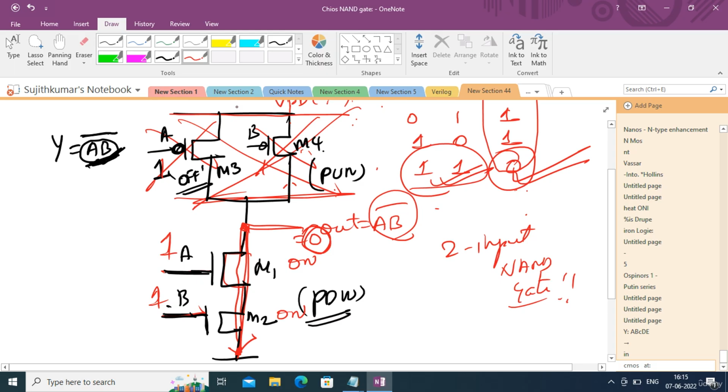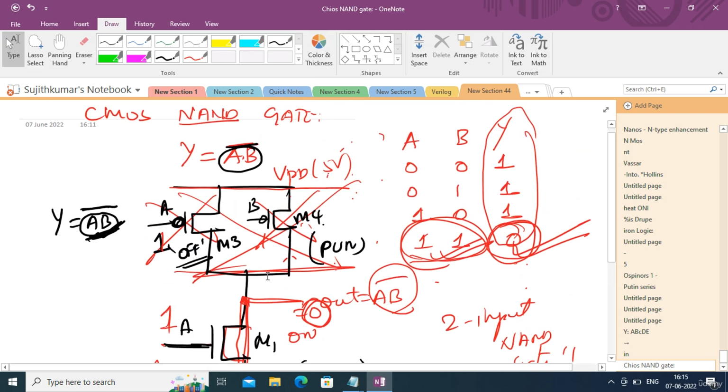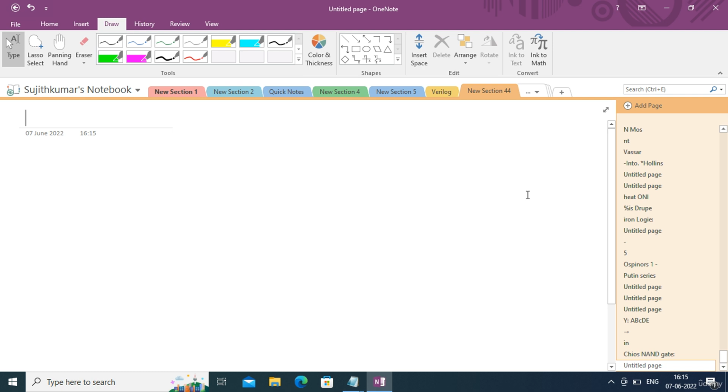But in this case, since we are applying both 1, the NMOS will be active and the output will become 0 since the output is grounded. So hence proved, when you apply 1 1 you are getting 0. That's how you can take some examples like this. Thanks a lot.